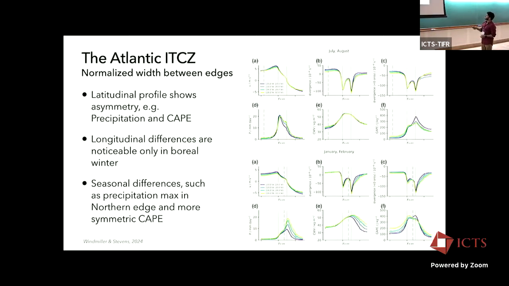So if we then look at how these edges show up in different variables, now what we see is 2 vertical lines, right? The left one is the southern edge, and the right one is the northern edge, and the scale has been normalized so that the distance between those is always 1, and everything else is scaled accordingly.